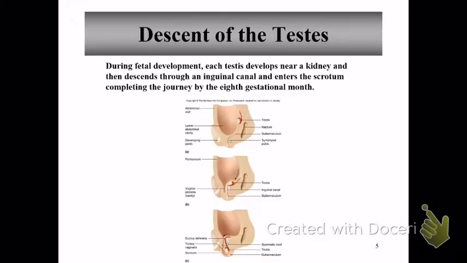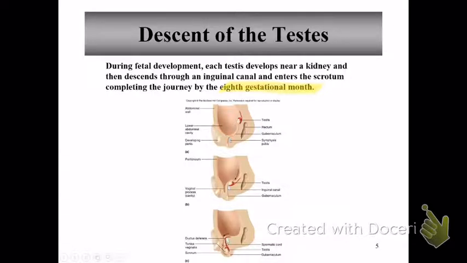Okay, when do the testes fall? So they're actually in the embryo, in the baby. They're actually up in the abdominal area, and they drop or they fall when the mama is 8. Highlight this: when the mama is 8 months pregnant, in the 8th gestational month. That's when the testes start to descend.